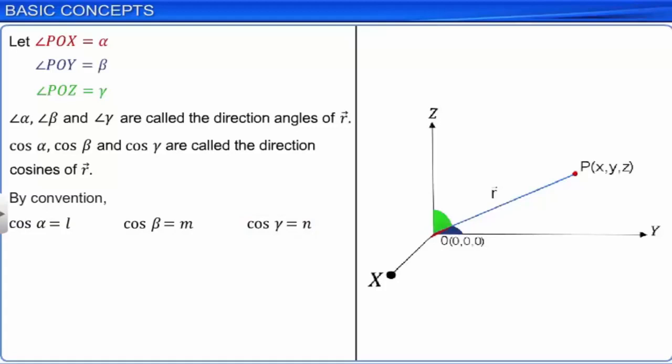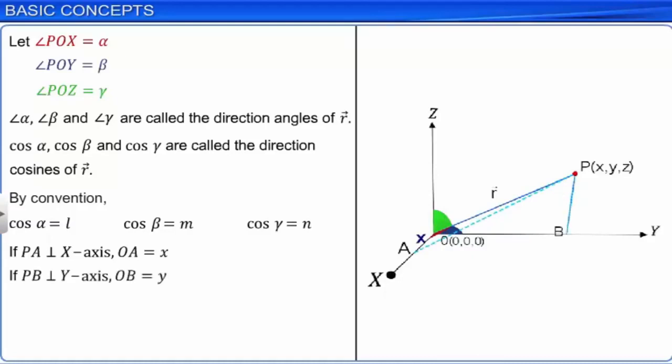Let PA be the perpendicular drawn from point P to the x-axis. Thus, length OA is equal to the x-coordinate of point P. Let PB be the perpendicular drawn from point P to the y-axis.